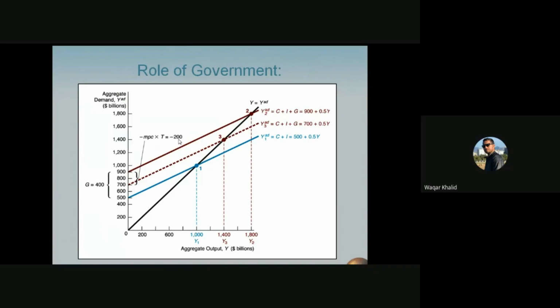With the increase in government expenditures, we get the Y2 value for aggregate output, and with the increase in taxes, we get the Y3 value for output. What can we conclude from this analysis? We can conclude that if both taxes and government expenditures are raised equally by $400 billion, aggregate output will rise.